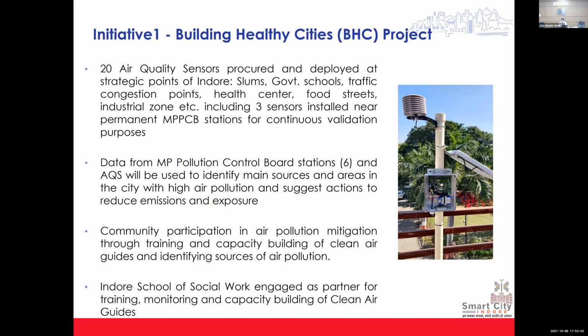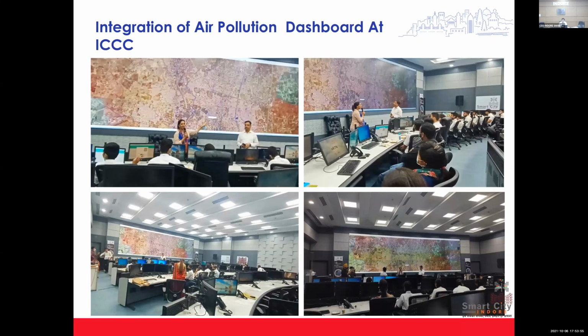In slums, in government schools, in traffic congestion, we are seeing that yes, actually it is reducing. Now this data from all these 20 sensors and also from the pollution control board, we are collating in this ICCC, which we can see. This is the most state-of-the-art control and command room on which data analytics is performed by the HP company.